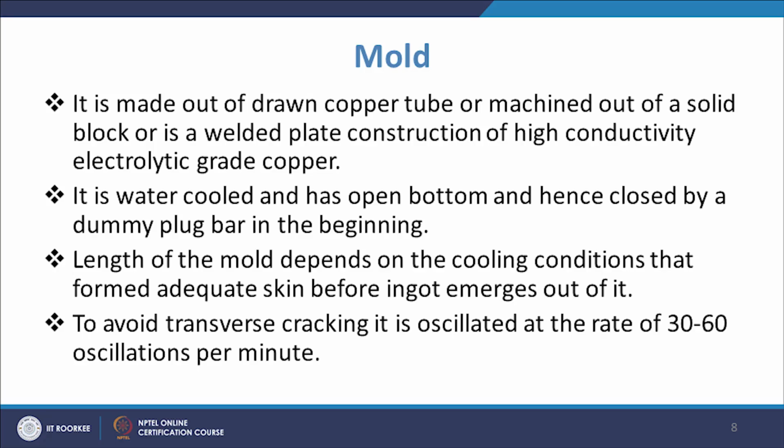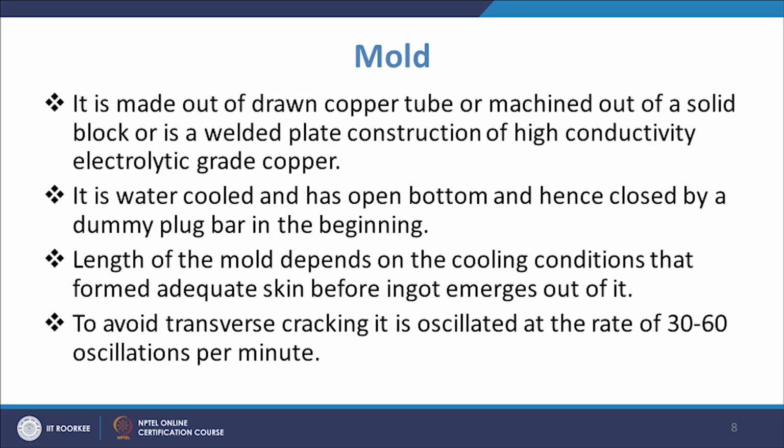Length of the mold depends on the cooling conditions that form an adequate skin before the ingot emerges out of it. So this is very important: what should be the length of the mold will depend upon the cooling conditions. The cooling conditions have to be such that adequate skin is formed before the ingot emerges out of it.